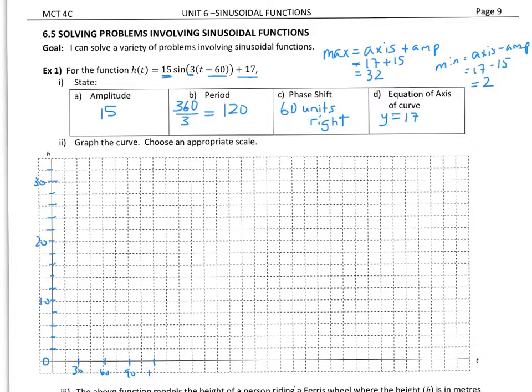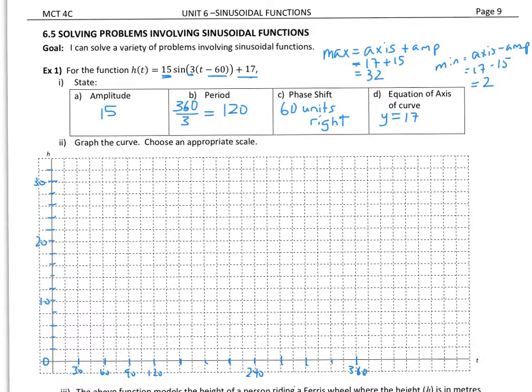I should be able to get one full cycle within that. And then 1, 2, 3, 4 would take us up to 240. And then 1, 2, 3, 4 will take us to 360 here. So I should be able to span this by 3 cycles if I need to.